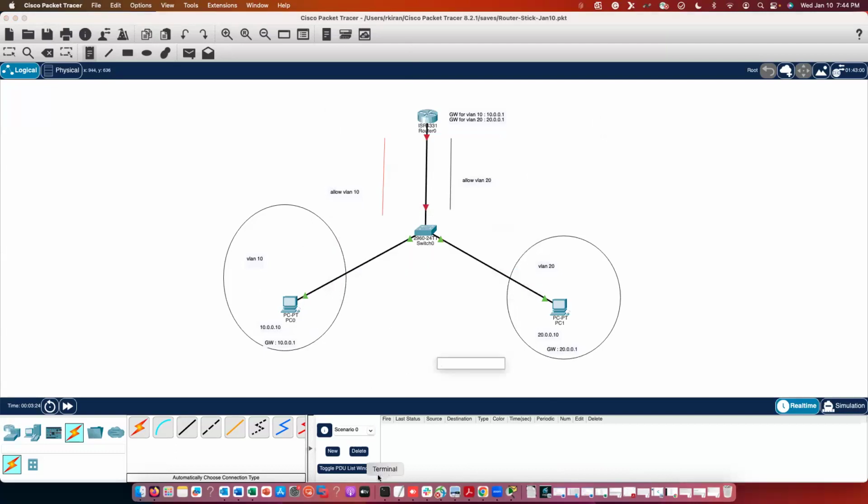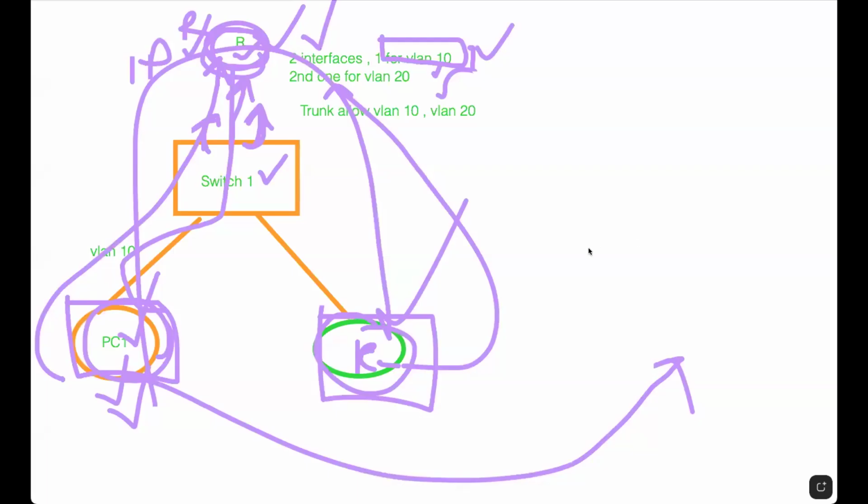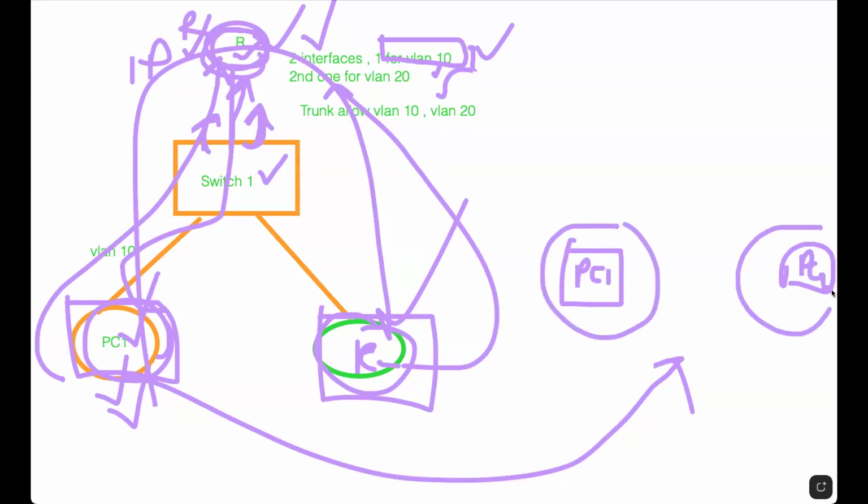Okay, let's go back to the whiteboard. So you have a PC1 and you have a PC2. This is in one network and this is in a different network.